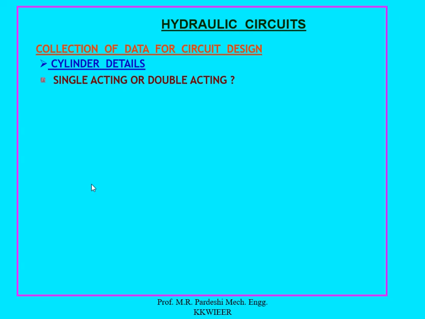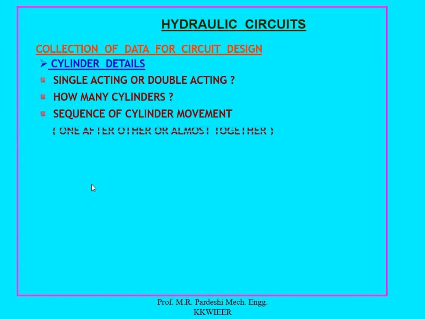Then the question arises, whether we go for a double acting cylinder or a single acting cylinder. Then how many cylinders are required? So quantity we should know, how many cylinders we require. Then sequence of cylinder movement, means how the cylinders have to be sequenced or synchronized. That we should know.